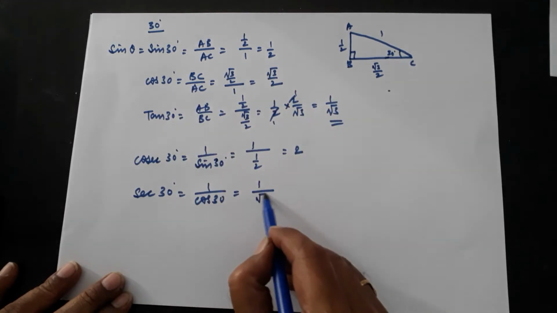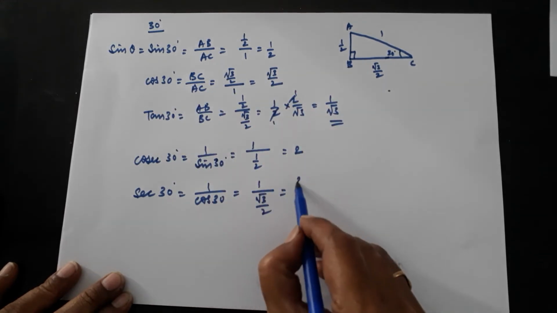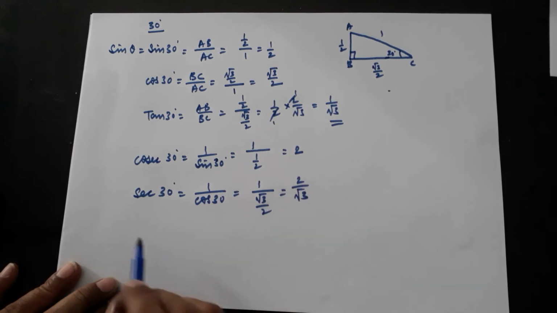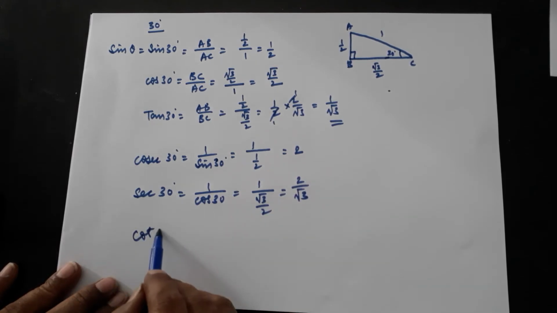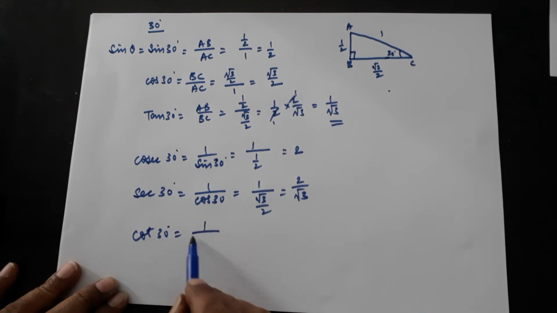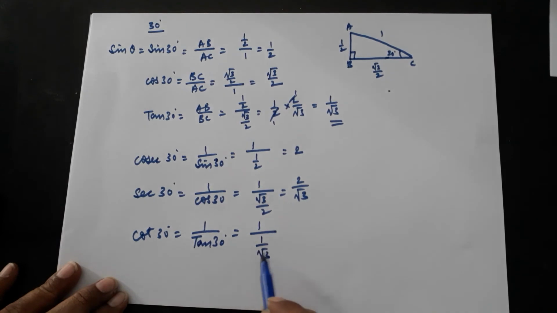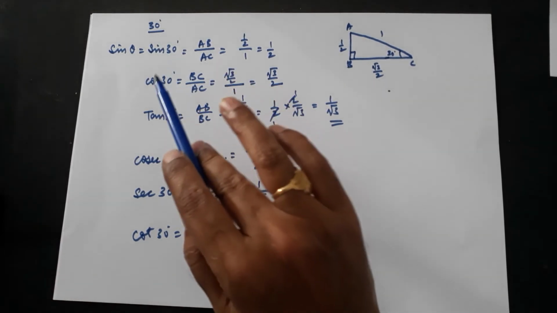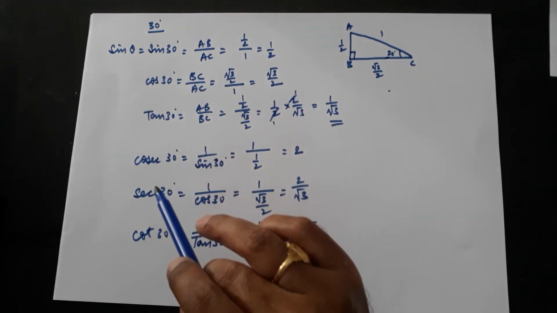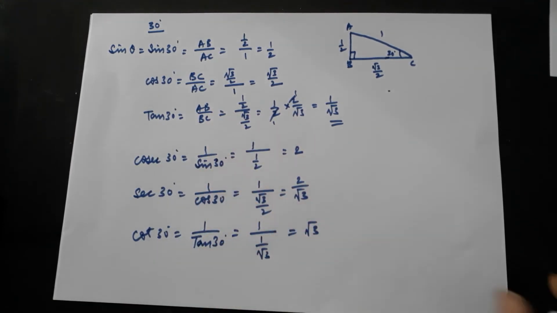Root 3 by 2. 1 by root 3 by 2 is 2 by root 3. Cot 30 is 1 by tan 30. 1 by 1 by root 3 becomes root 3. Okay, we got the values of sin 30, cos 30, tan 30, cosecant 30, secant 30 and cot 30.